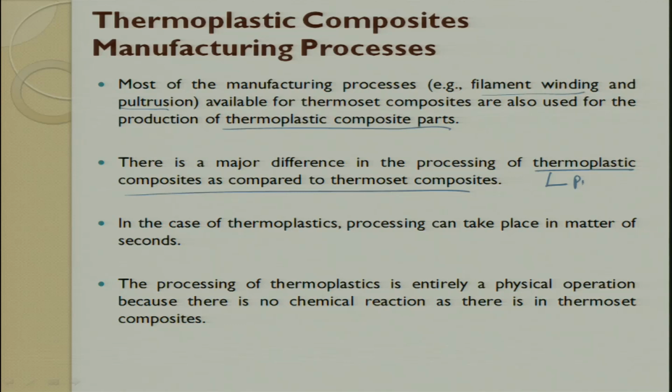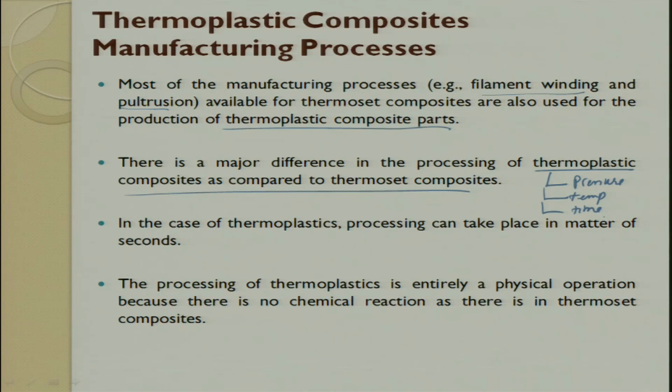So we have pressure, we have temperature, and then we have time. All the three parameters have to be properly controlled such that you get to the final requirement. In thermoset, the majority of them are liquid in state, so you can try to play with it. The pressures need not be high. The temperatures also you can play a little bit up and down and then get it.